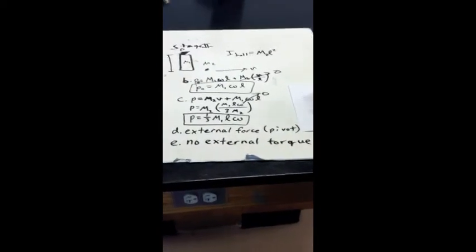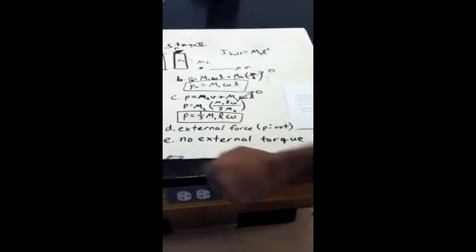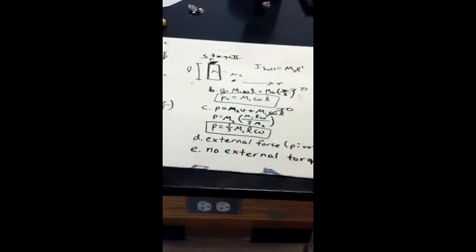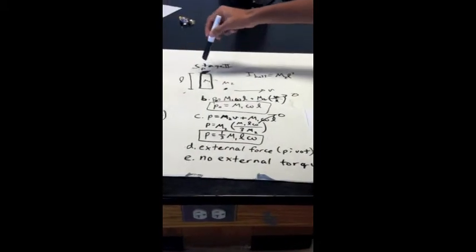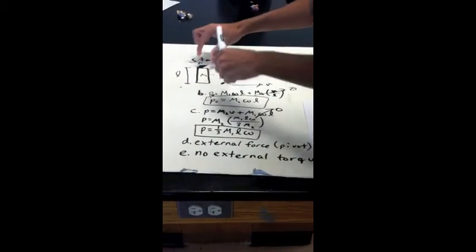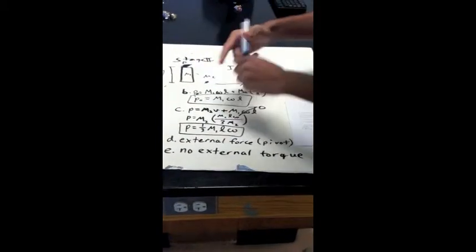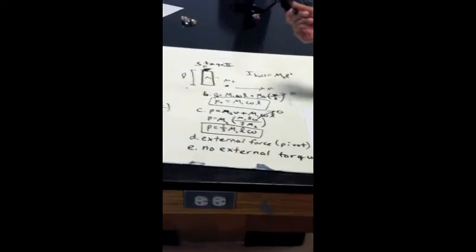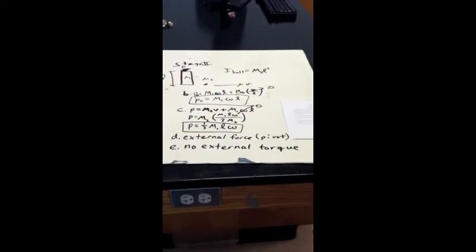But the reason that angular momentum is conserved is because we don't have a net torque. The force of the pivot is acting at the fulcrum, so the distance from the fulcrum is 0, and there's no external torque acting on the system.